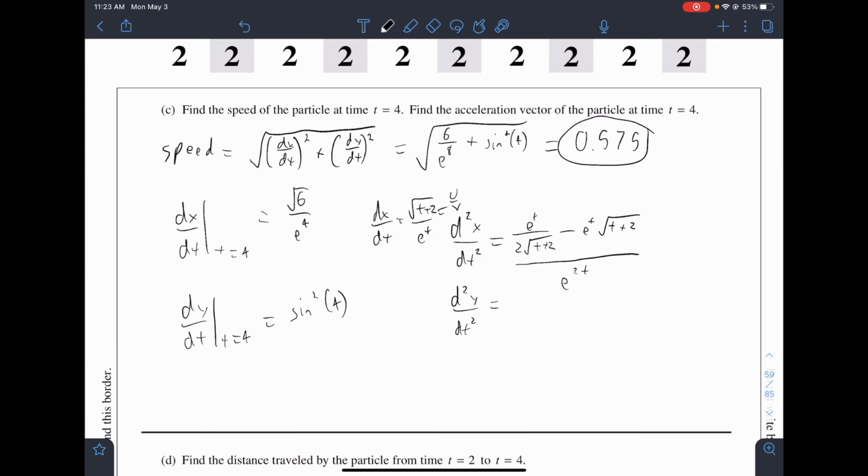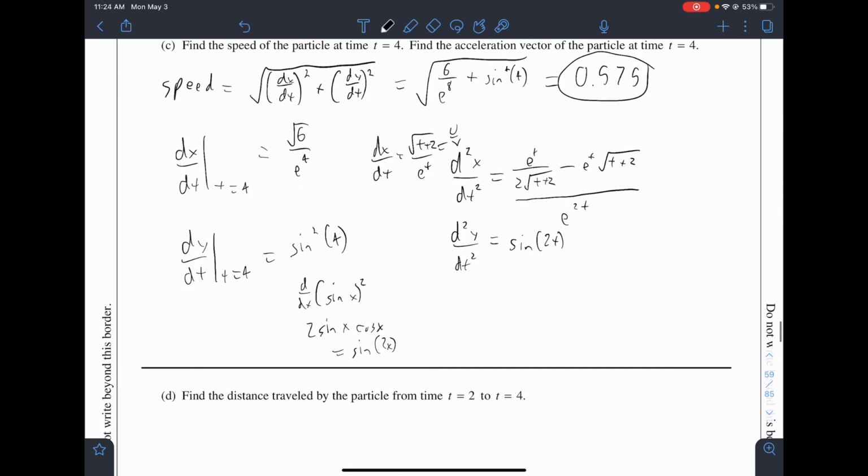And then d squared y over dt squared. If it's sine of t squared, we can just use the power rule to get sine of t cosine of t times 2, and that equals sine of 2t from the trig identities. So sine of 2t. Now we just have to evaluate both of these at t equals 4 to find the acceleration vector.